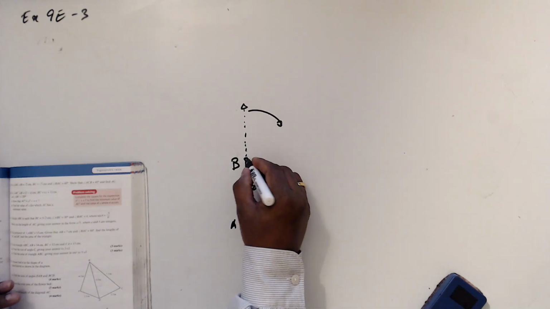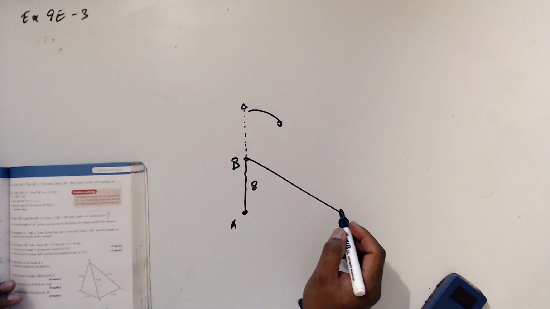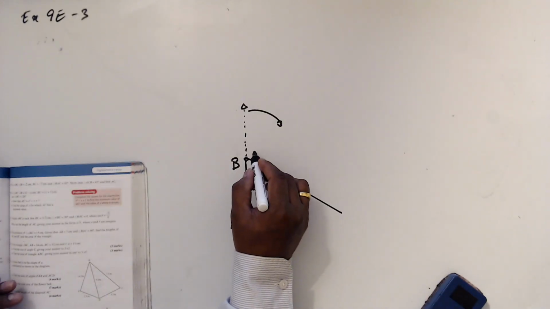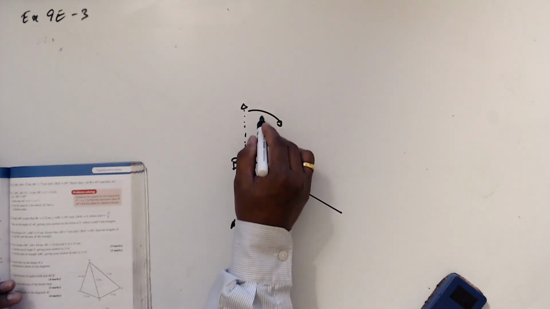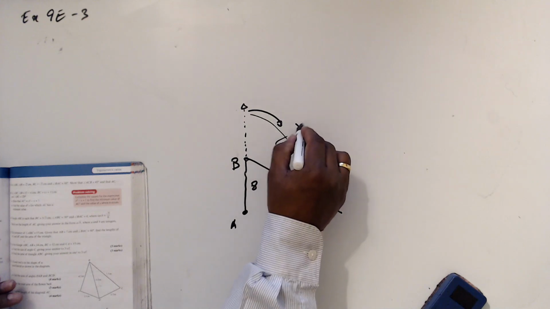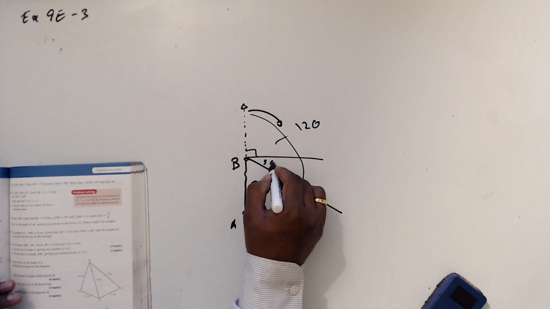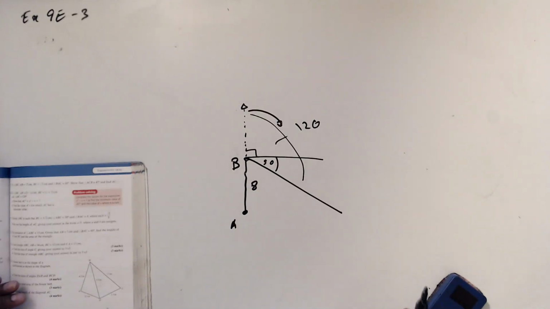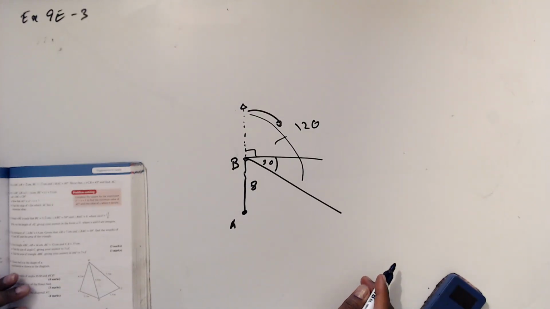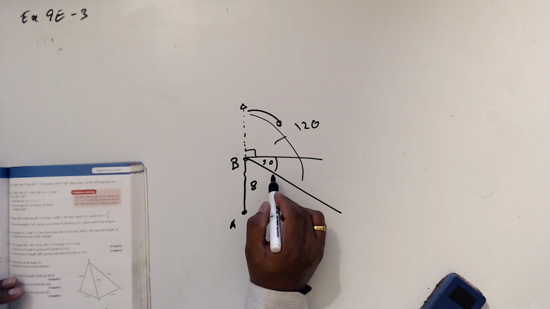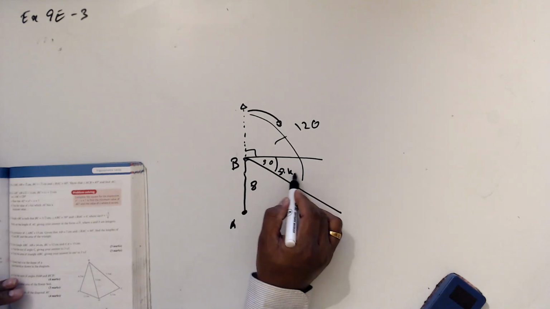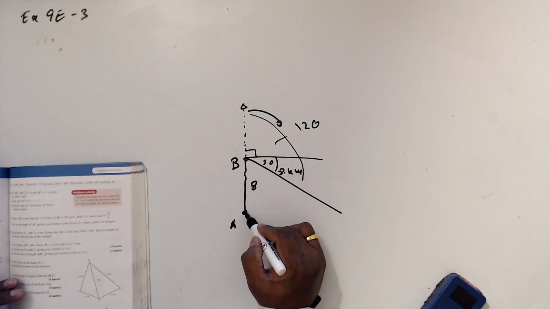So this is going to be somewhere here. The total angle is 120. It means this is 90 and this is 30. How many kilometers? 8 kilometers. Another 8 kilometers.